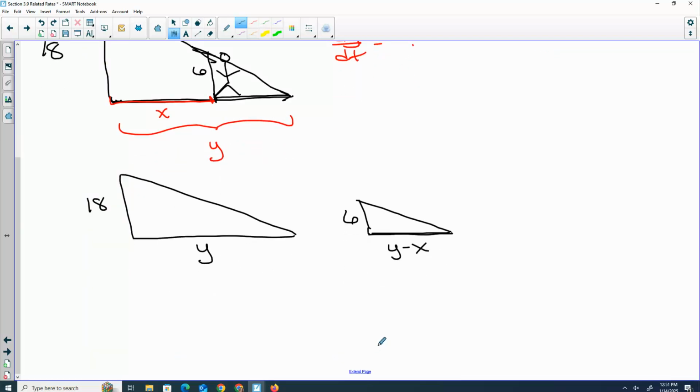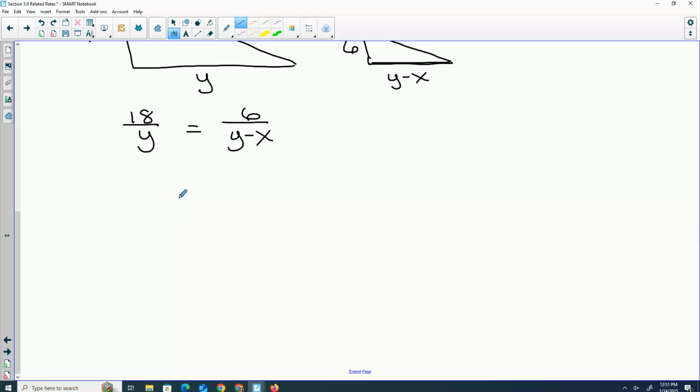Okay. So we can set a proportion. 18 over y plus 6 over y minus x. I don't really want to do the derivative from here. Can I cross multiply first? The more I can simplify, the better it's going to be for me.